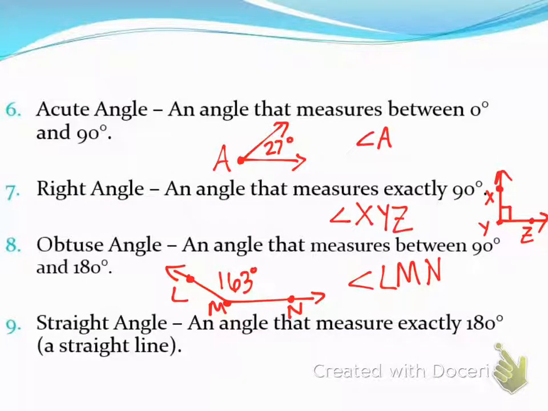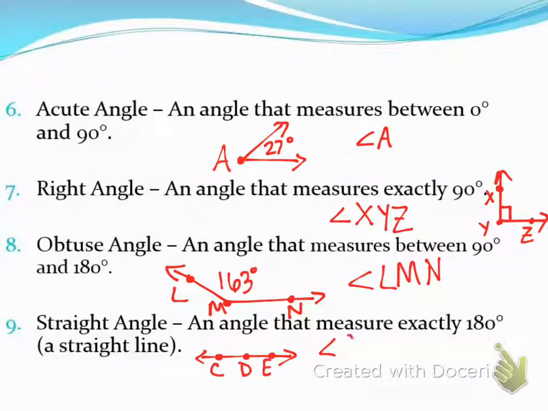Finally, a straight angle is just a straight line. It measures exactly 180 degrees. Technically, we would still name it like other angles. It's just that the points are all collinear. So let's do CDE.